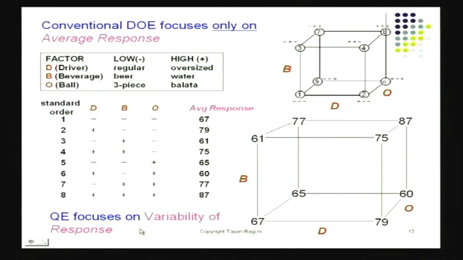That is really the focus of what we call quality engineering. In conventional design of experiments, these runs focus on the average response and determine factor effects based on that. Quality engineering looks at the variability of the response as the response.